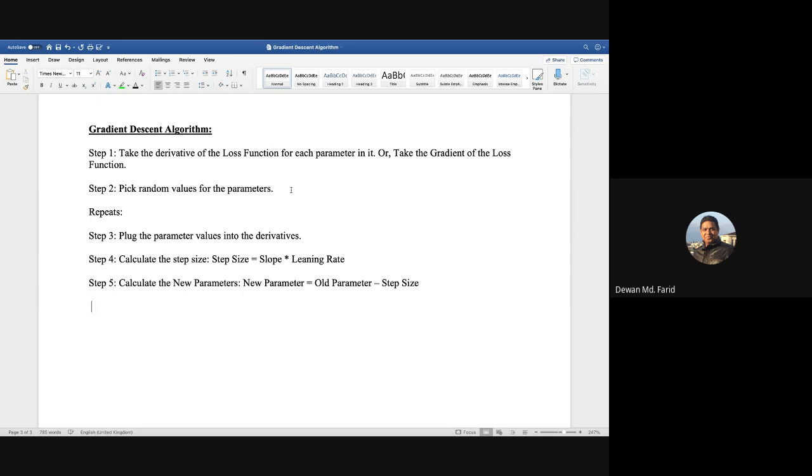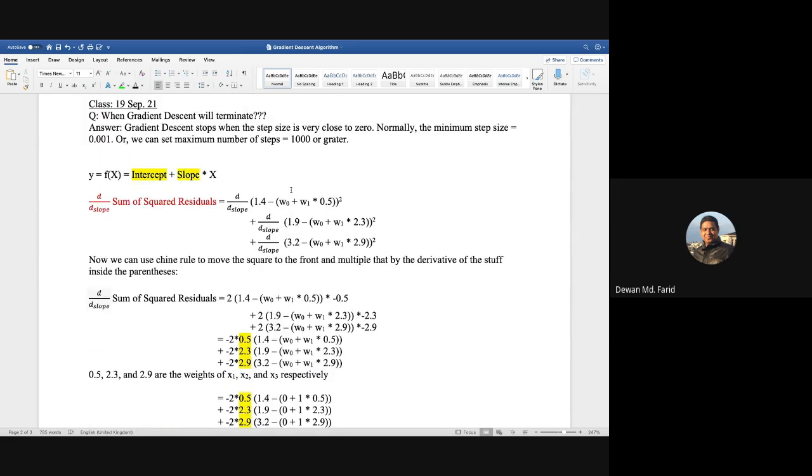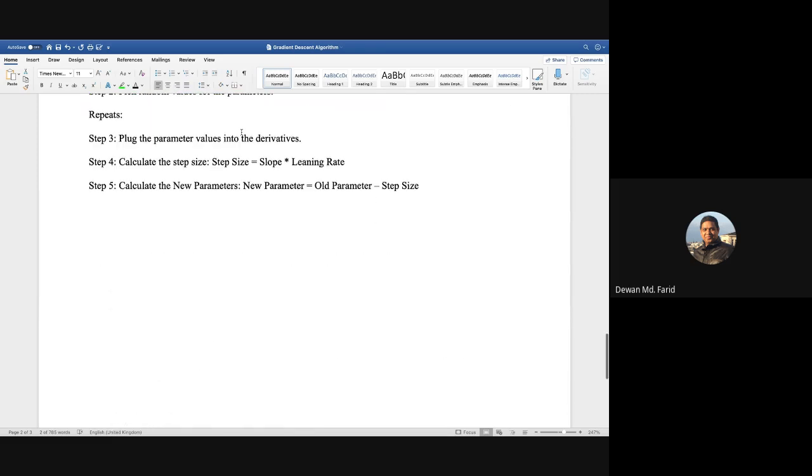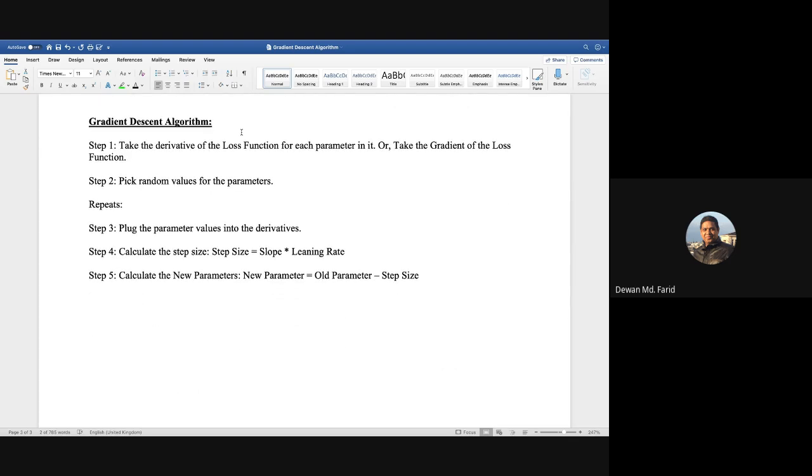This algorithm will terminate when the step size is very close to 0, or very close to a small number like 0.001 or 0.01, normally 0.001, or we reach the maximum number of steps. Is it clear? Yes, sir.